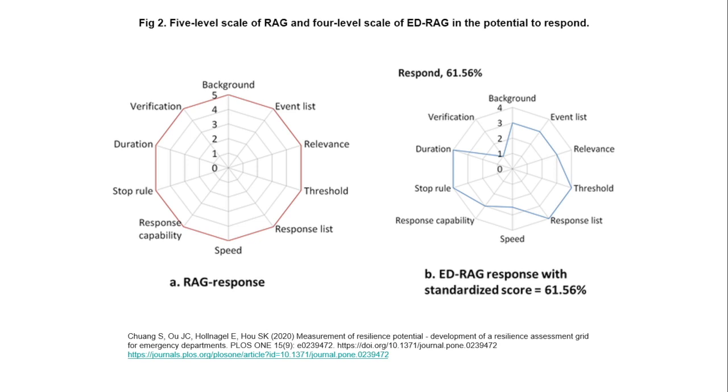So within one emergency department, they were able to look at the standard or classic RAG on the right, and now they've got an ED RAG on the left, and this is all with respect to the capacity for responding.